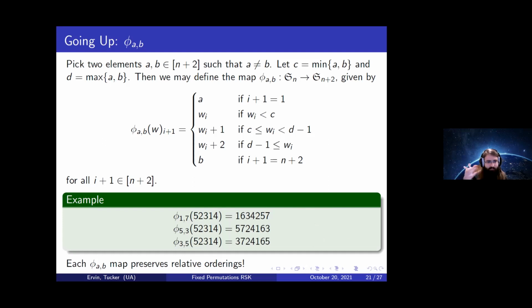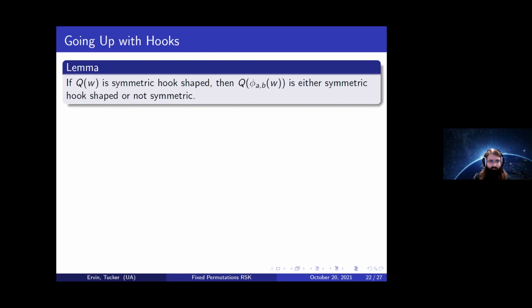And that really gives us our next idea, where if QW is symmetric hook-shaped, and symmetric just means that the underlying shape, if you transposed it, would be the same thing, and hook-shaped just means it's shaped like a hook, like an L.